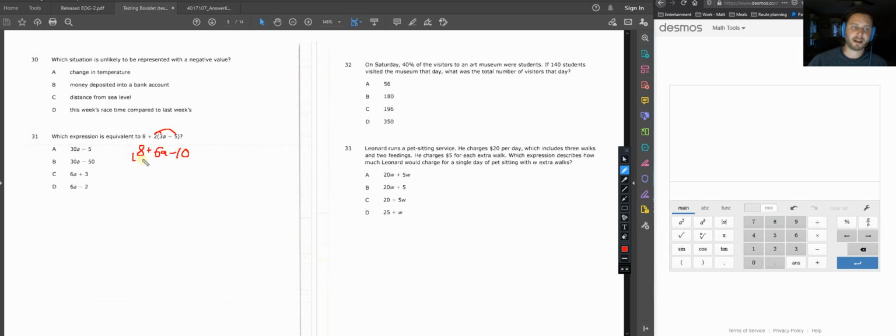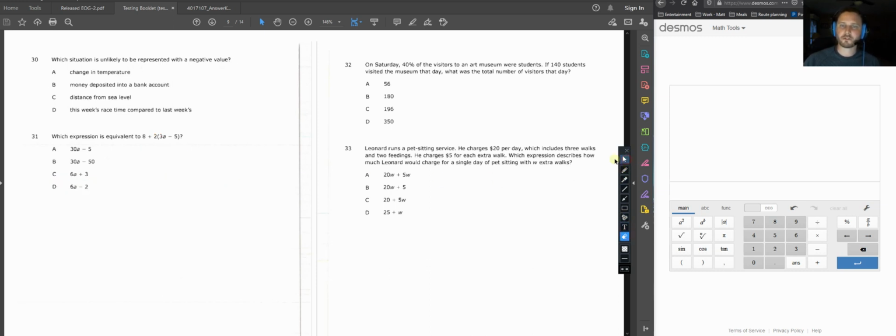We then can go ahead and combine our 8 and our minus 10. Now, positive 8 minus 10 will come out to be negative 2. All right, so we have 6a minus 2, and that's where we're going to leave this problem for number 31, is just 6a minus 2.